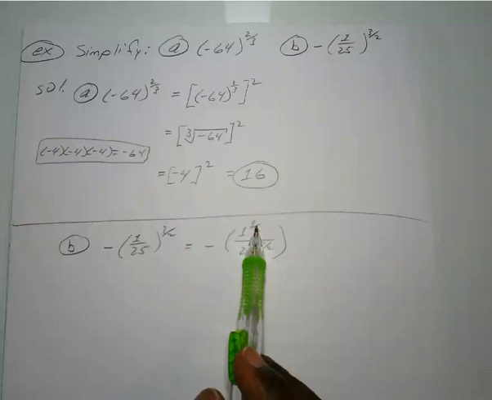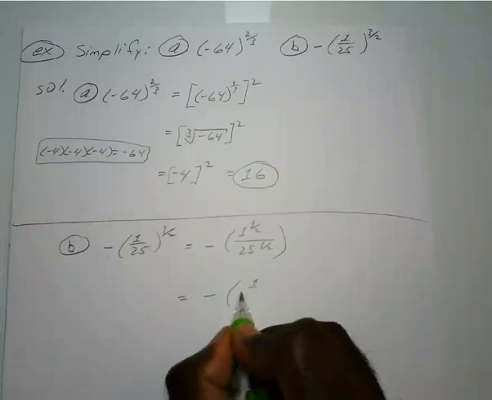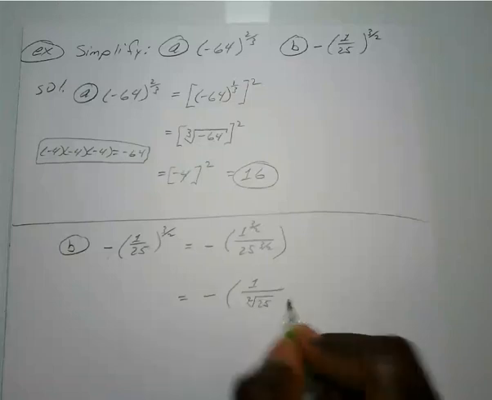Remember, that denominator is 2, so that becomes an index of 2 on the 25, and that's going to be raised to the 3rd power. Now, even though we know the square root of 25 is positive 5, the negative stays out front. So you have 1 over 5 to the 3rd power.